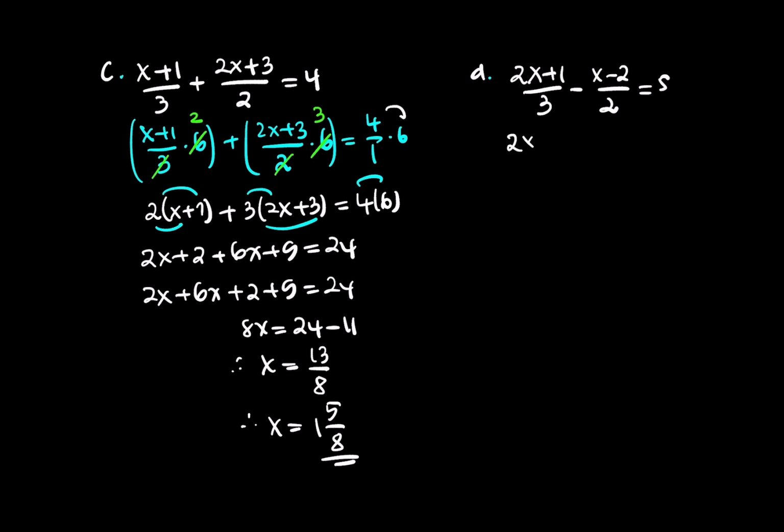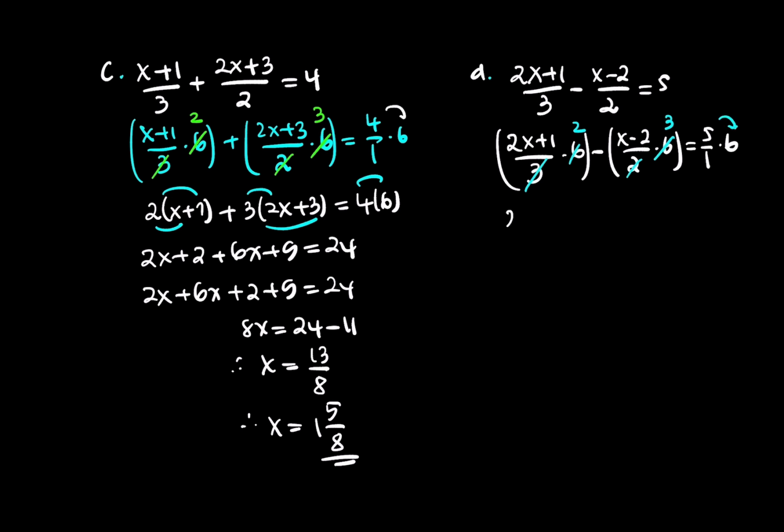So (2x + 1)/3 times 6 minus (x - 2)/2 times 6, and this is 5/1 times 6. So we can simplify. This is 2 and 3, and you multiply this.